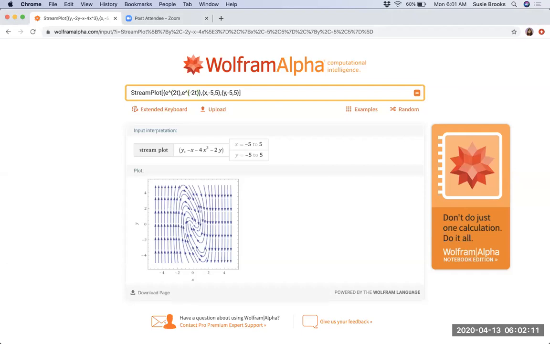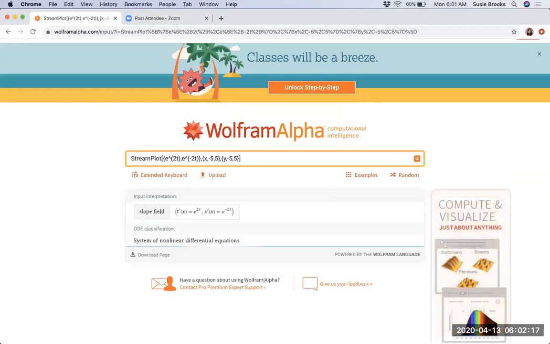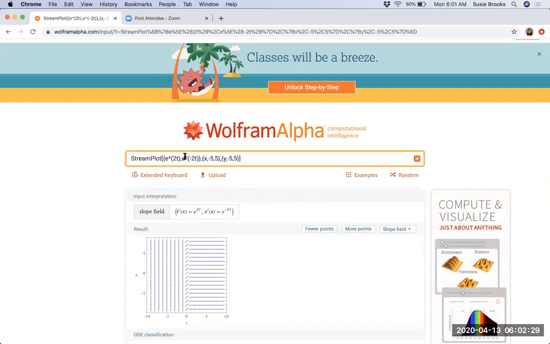Let's see if this will plot with the t's in there. Not sure. Nope. Okay. So instead, the fact that I have x's and y's and then t's, I think is confusing it. So instead, let's go ahead and just do this one by hand. This one's easy enough to figure out since we have simple enough functions.